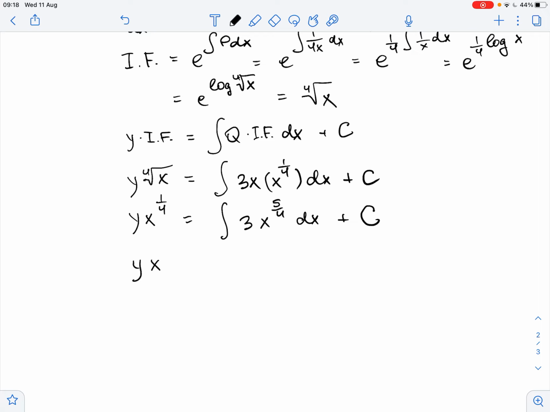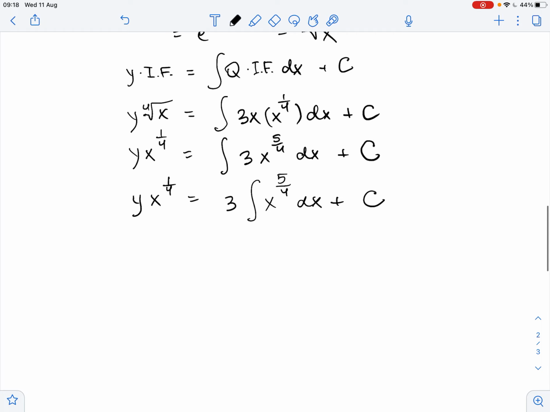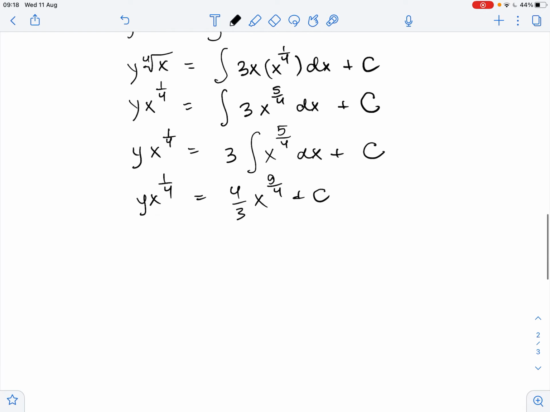Then y times x to the power of 1/4 equals 3 times integral of x to the power of 5/4 dx plus c. So we get that y times x to the power of 1/4 equals 4 over 3 x to the power of 9/4 plus c. Now we will divide both sides by x to the power of 1/4.